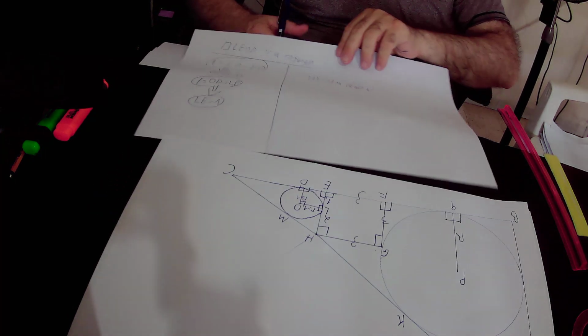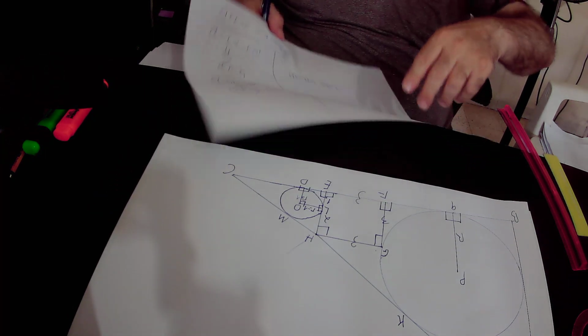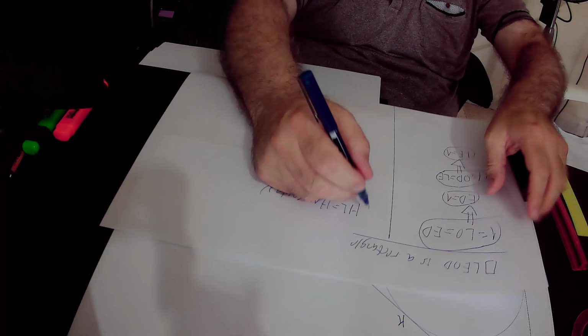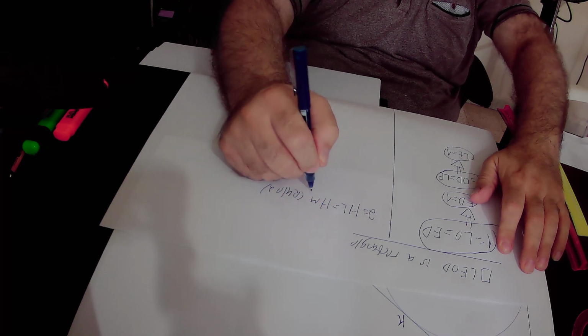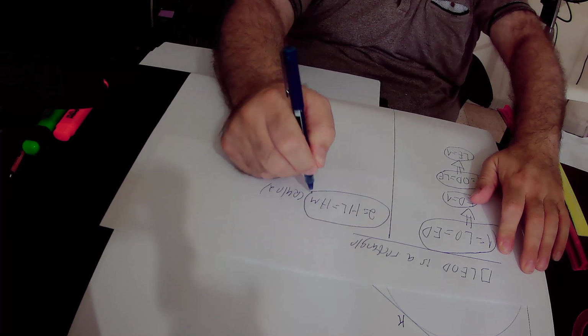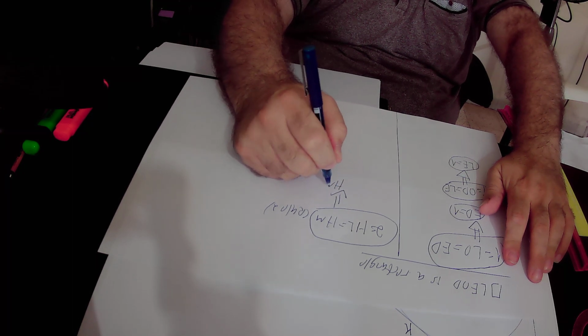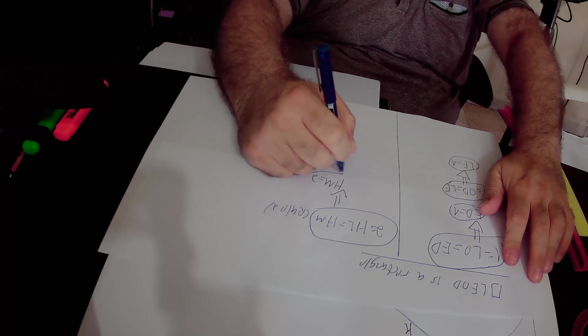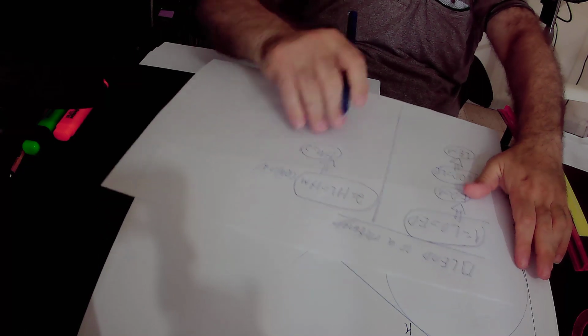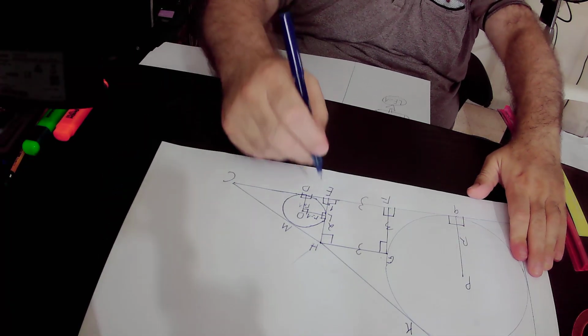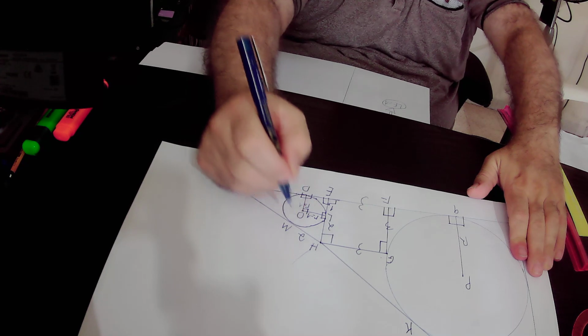But we already found out that edge L equals 2 units, so we can write here that edge L equals 2, and from this equation, 2 equals edge L equals edge M, we will derive that edge M is also equal to 2 units.